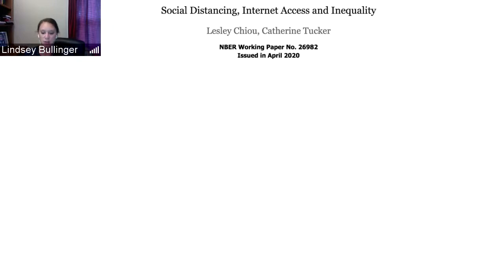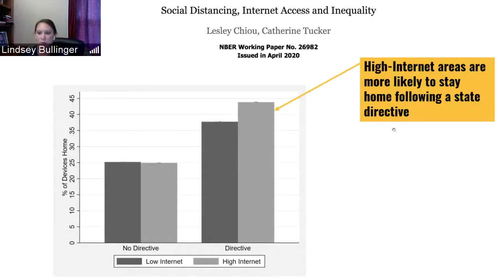This paper that I'm highlighting here shows that people were more likely to stay at home, or I guess their devices were more likely to stay at home, if they had greater access to internet and also had one of these stay-at-home orders.